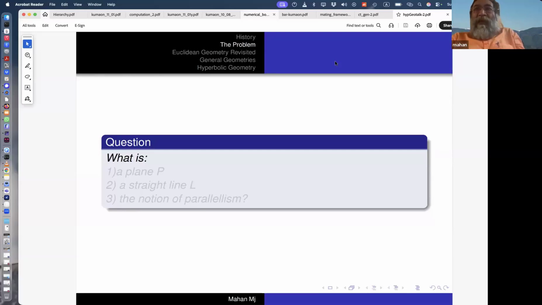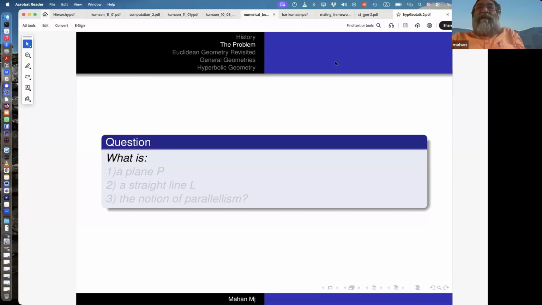So what are the players in the game? We are asking for a more fundamental explanation. First, and this is really the most important question, when Euclid plays this game, he takes for granted that we are doing planar Euclidean geometry.